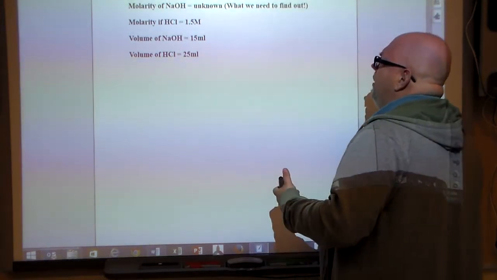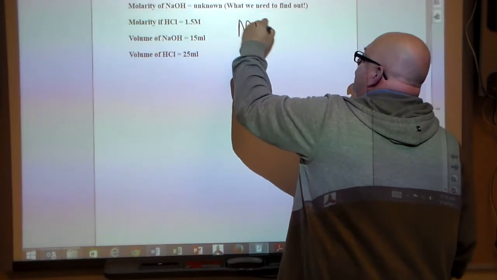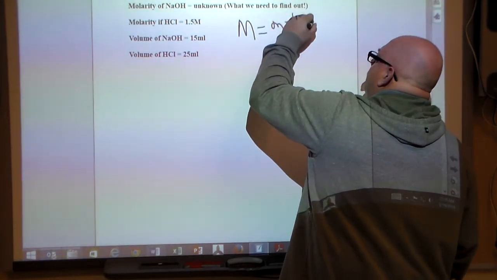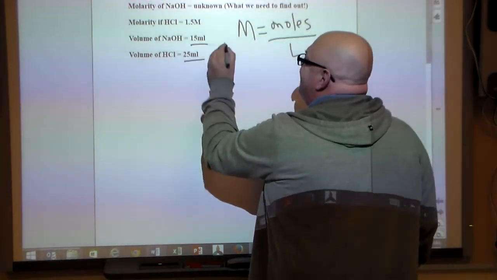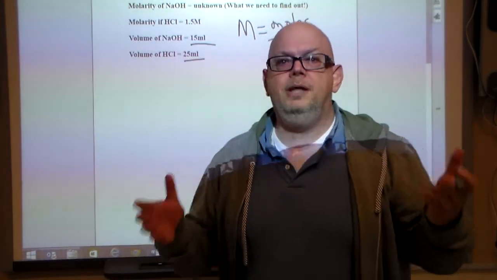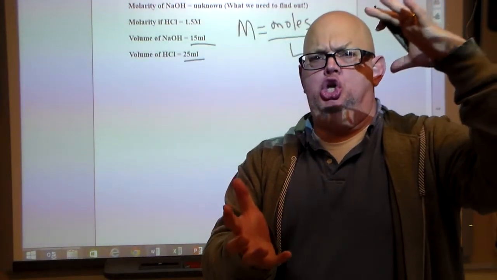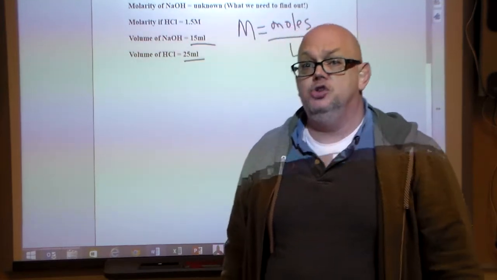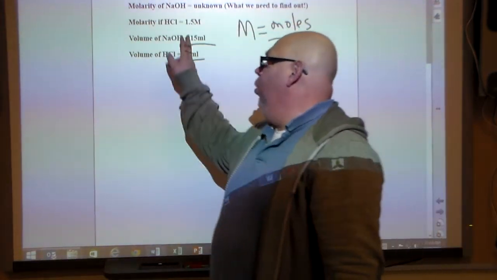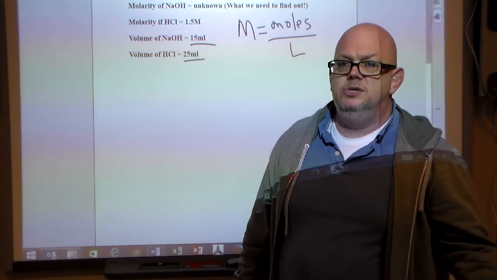So here's molarity. We know that the formula for molarity is moles over liters. But wait a minute, these are in milliliters. Typically, yes, because we're not going to do titrations in these gigantic liters. We're going to use milliliters. So we're going to have to change these from milliliters to liters.